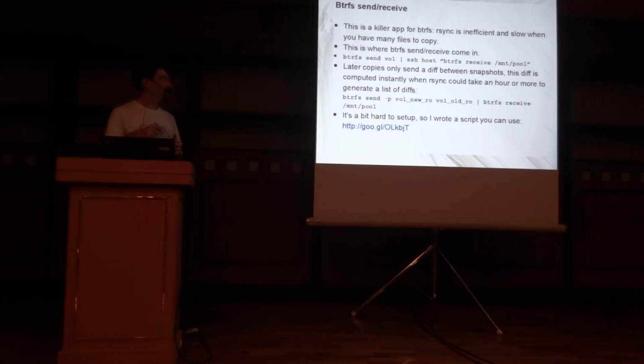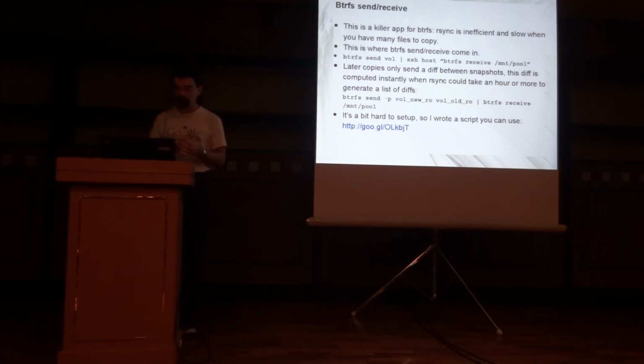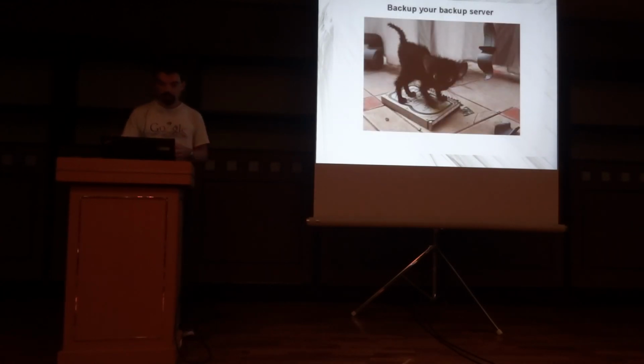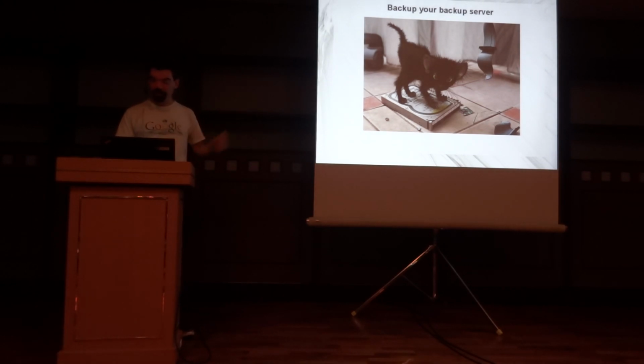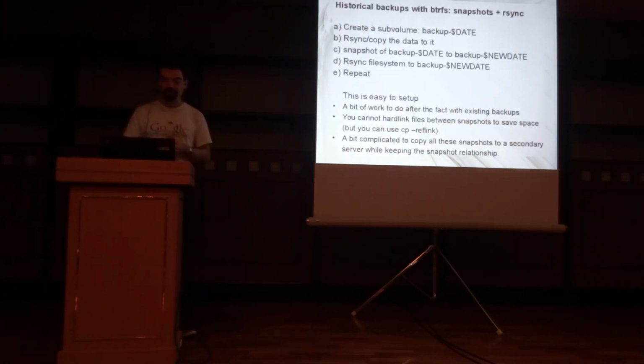The second time you say, hey, look at all the blocks that are different between those two snapshots, and it will only send those blocks to the other side, and then update the destination. And that is so much faster than using rsync. If you have millions of files, using rsync would take 10 minutes more to check all those files one by one. Whereas this is pretty much, it knows what blocks changed and it knows what to send. So yes, I'm just putting the backup thing here over and over again. Hopefully I'll get into everyone's heads.